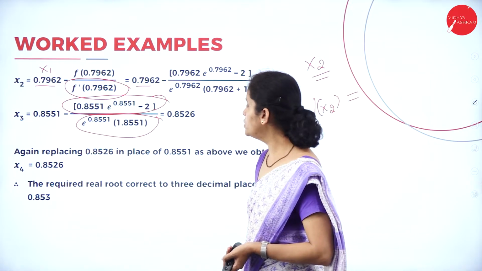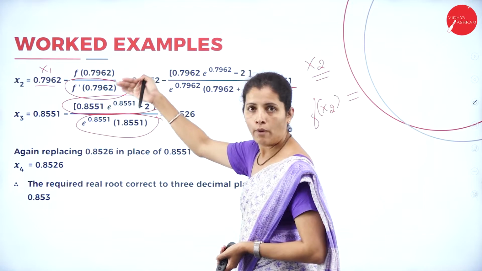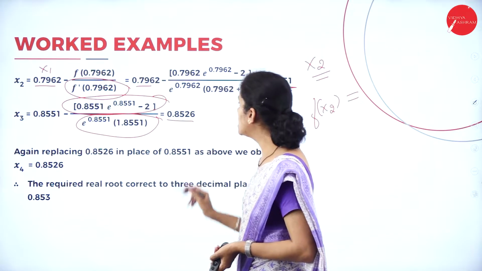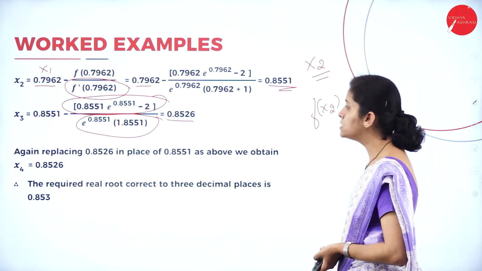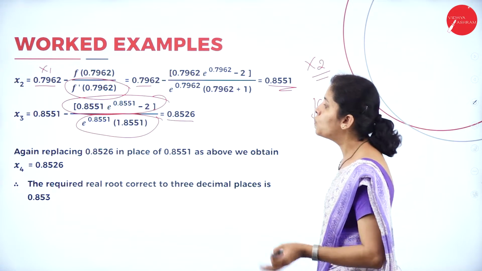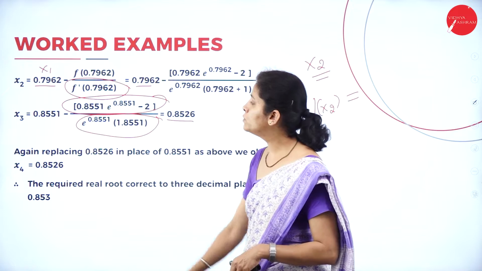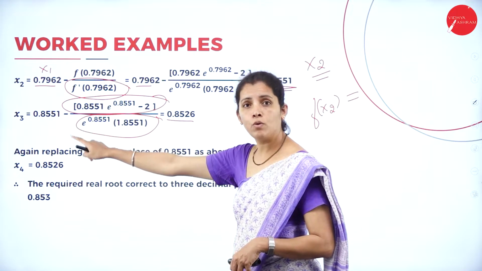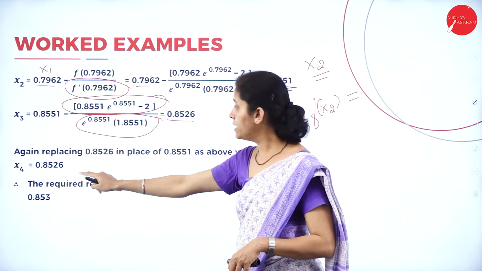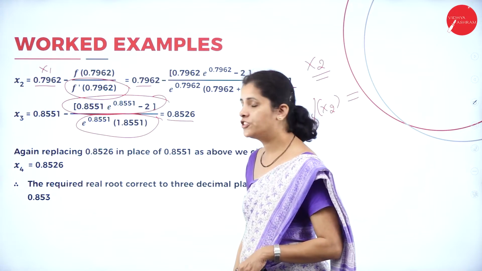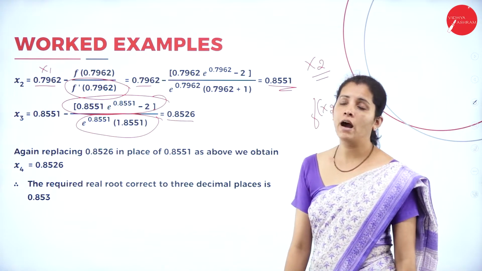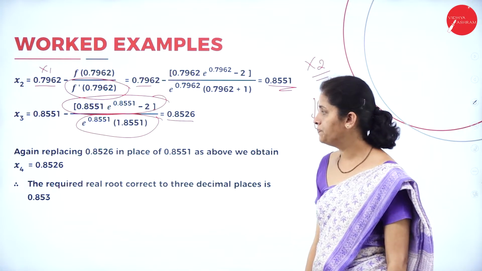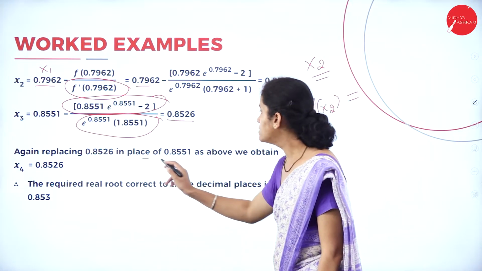And when I substitute the values, I'm going to get the answer 0.8526. Now, once again, I'm going to carry out my fourth iteration. And when I carry out the fourth iteration, I'm going to get the answer 0.8526.